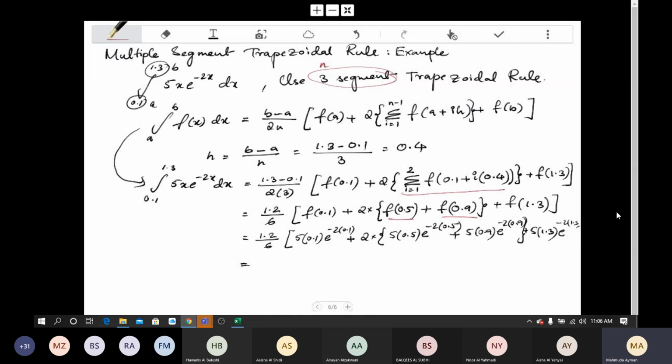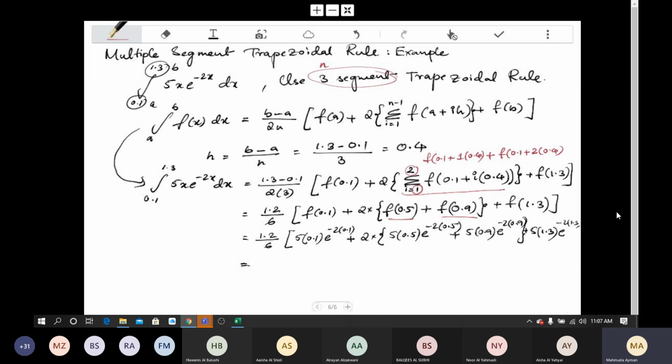And this one is an iteration, going for I is equal to 1 and I is equal to 2. So for the first time, we will have f of 0.1 plus I is equal to 1 times 0.4. Plus, for the next summation, we have f of 0.1 plus I is now equal to 2 times 0.4.